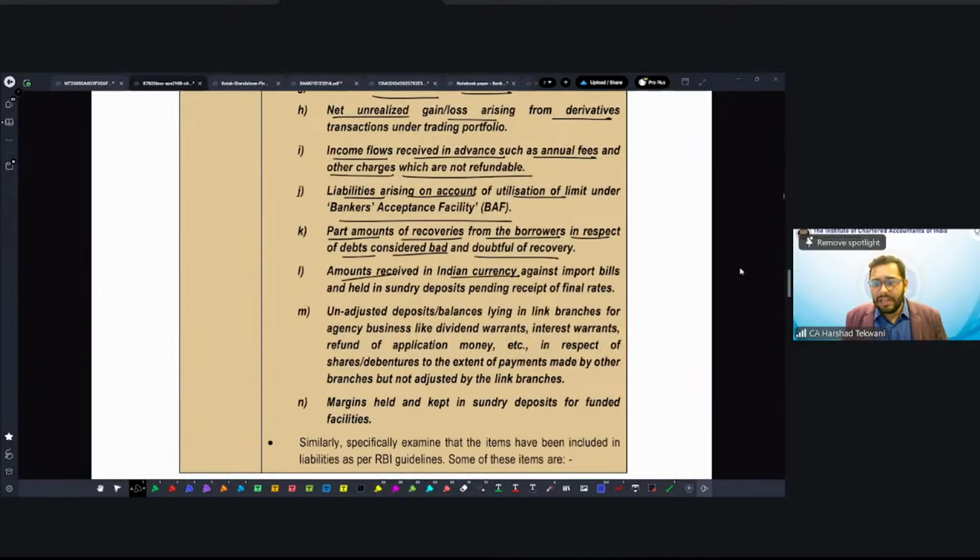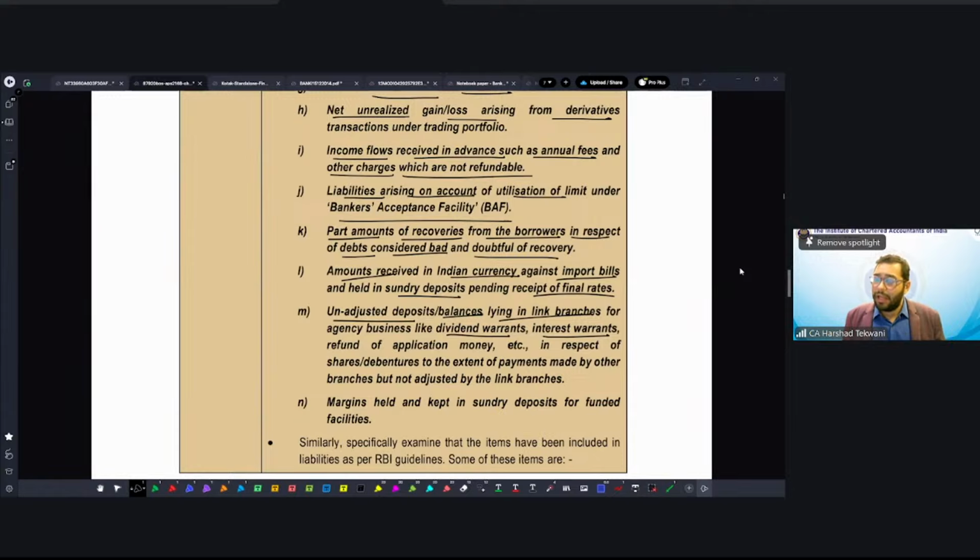Amount received in Indian currency against import bills, held in sundry deposit, for which the receipt is pending for the final rates for the adjustment. Again, some adjustment is pending, and for that do not count the entire bill amount as a DTL. Undeposited balance lying in the link branches or dividend warrants or interest warrants, something like that.